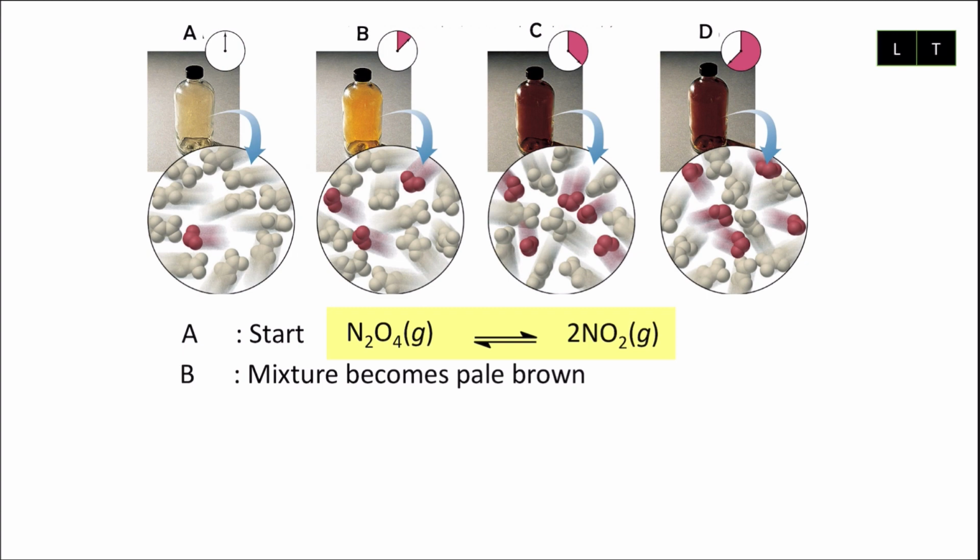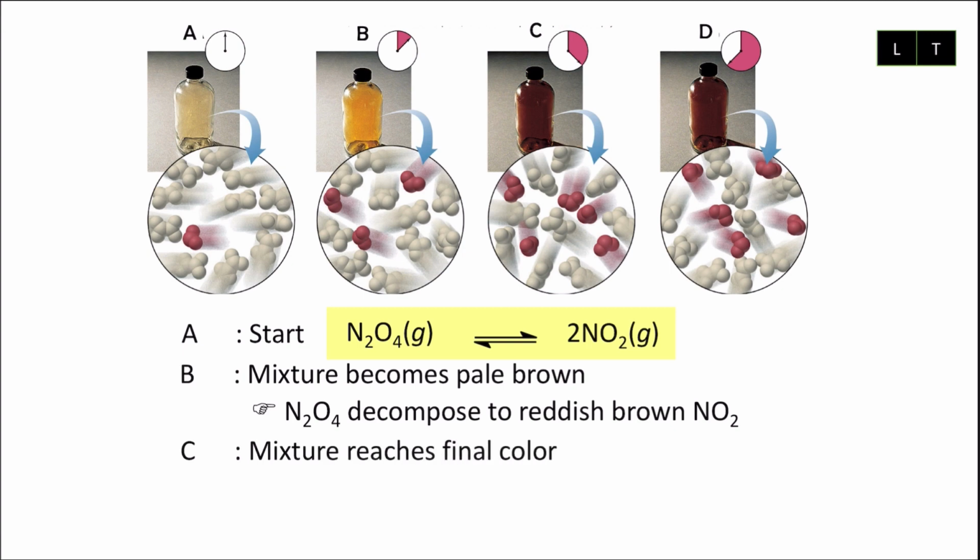Dan di sini, N2O4 decompose to reddish brown NO2. And at condition C, mixture awak akan reach the final colour, di mana final colour awak dia tidak akan berubah langsung. Di sini kita boleh faham reaction sudah mencapai equilibrium. There will be no change at all.